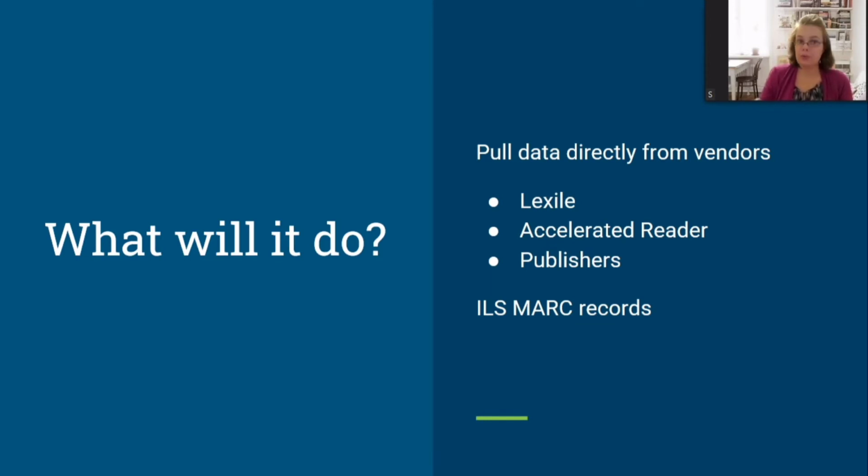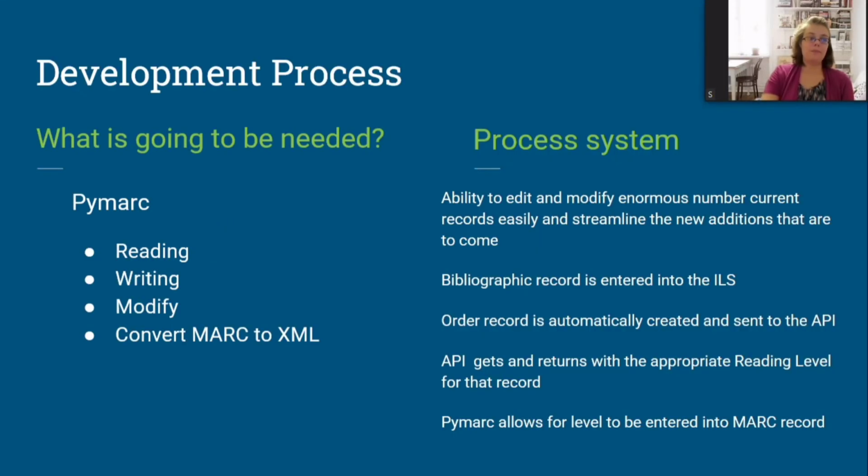It's meant to pull the reading level by using the ISBN, because the ISBN is the individual marker for each book that's being published. So once it finds that reading level, we're going to have it integrated into the ILS MARC records for these items.